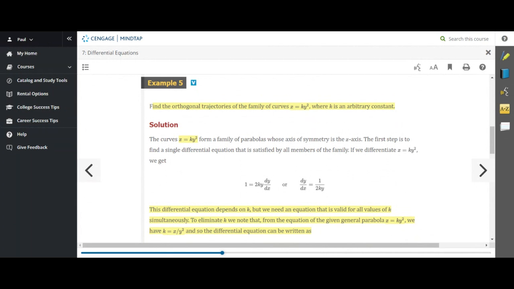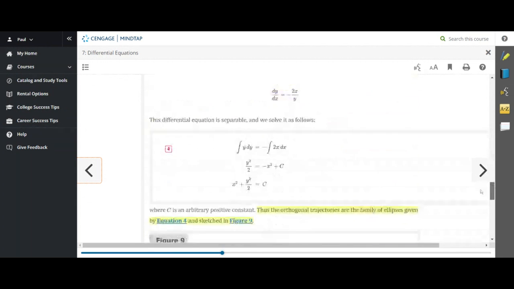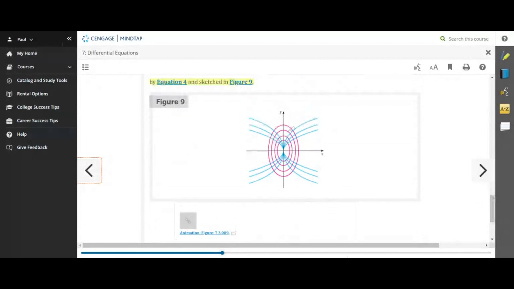That's a family of parabolas that open sideways. They're not up and down parabolas, they're sideways parabolas. And we want to find the orthogonal trajectories to those parabolas. I think it would be good to see a picture of this, which is what we're talking about here in figure 9.